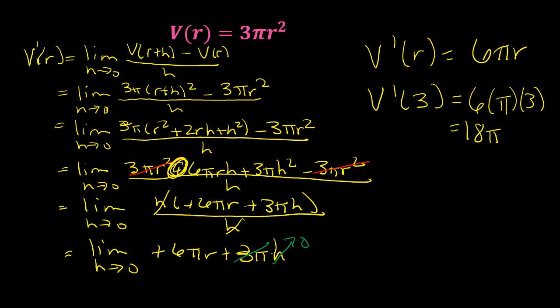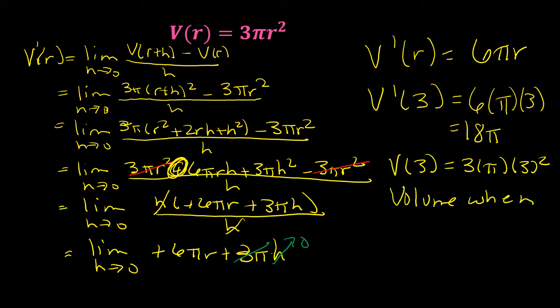And if I think about v of 3, if I find v of 3, go back to the original problem. So v of 3 means the volume when the radius equals 3 is 3 times 3 is 9 times 3, 27 pi units cubed.